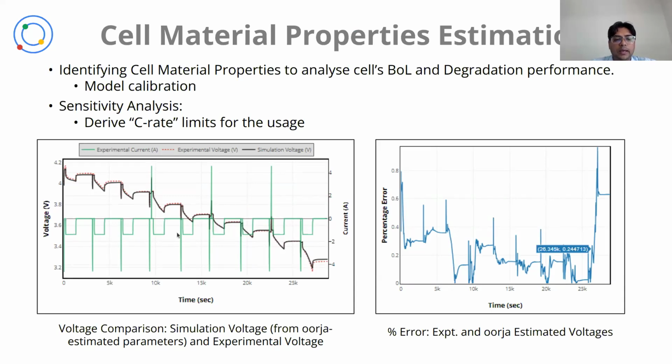And then what we are doing is trying to identify the parameters in the cell which can exactly give us the same behavior as seen in the HPPC tests. And this helps us in identifying all these transport parameters. That also guarantees that the model that we are starting with for the cell is capturing the real life cell behavior.